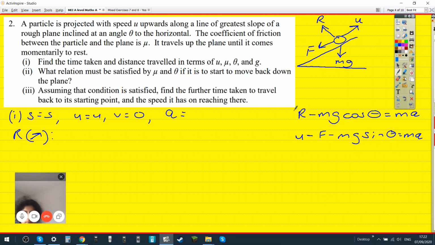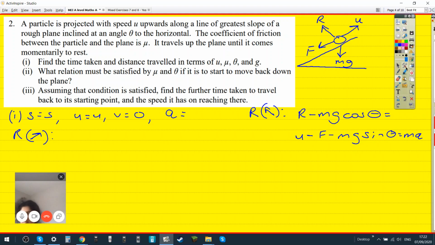So this one here is going in this direction, resolving in that direction? No, sorry, the other, because it's R. In that case, I believe ma would be 0 because it's not actually changing.